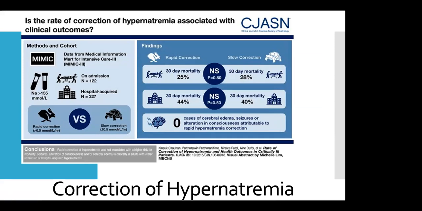So it's not like one was doing 8 and the other was doing 20. But when they looked at mortality, 30-day in hospital, as well as cases of cerebral edema, seizures, any neurologic complications, there was absolutely no difference. So, really, whether or not 12 should even be our limit is kind of up for debate.